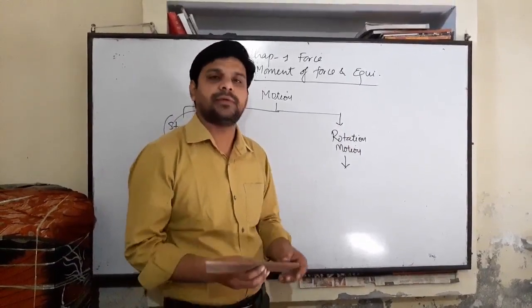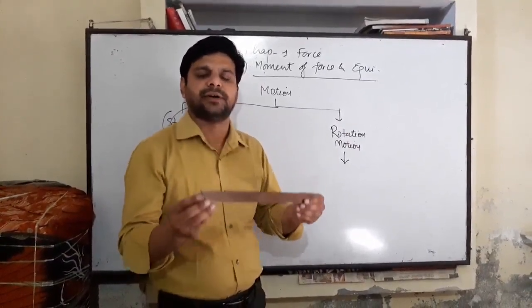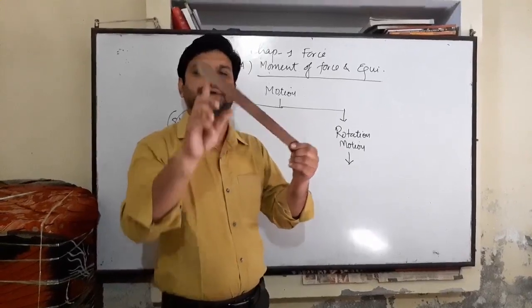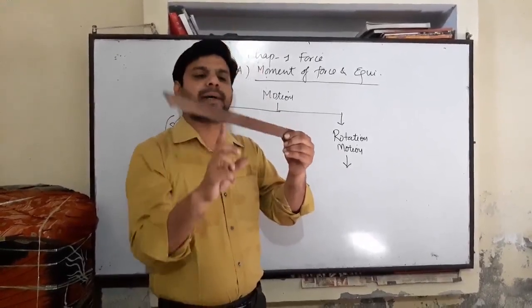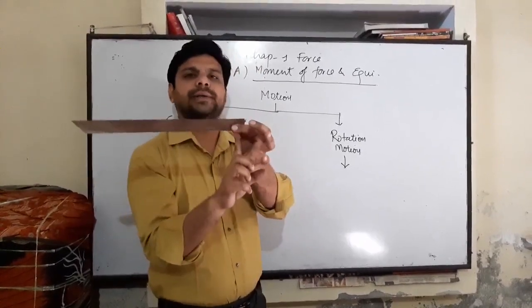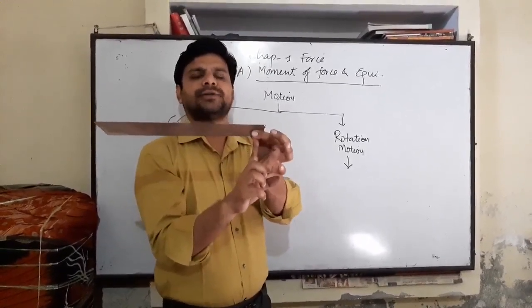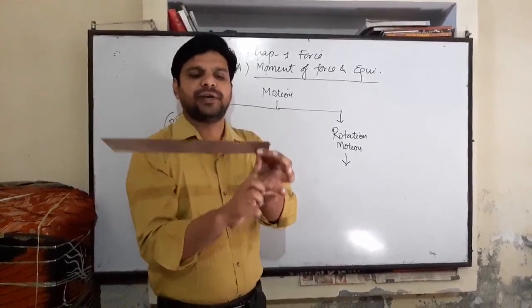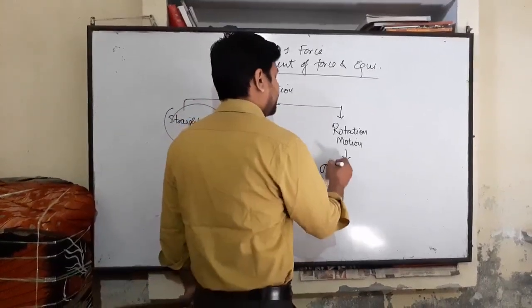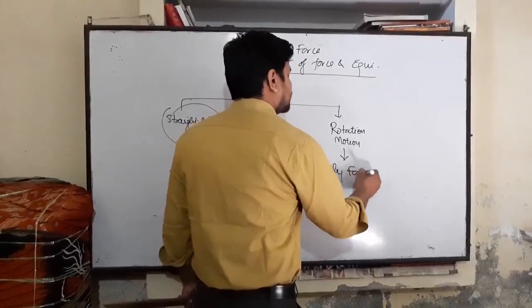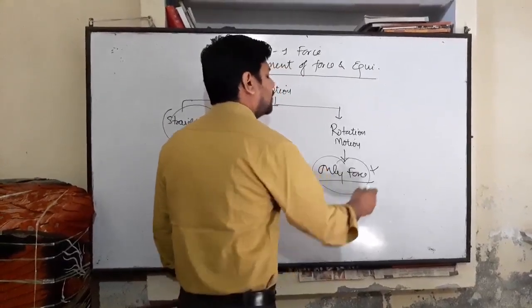You see, with this example, if we apply the force on this point, the body rotates. If we apply the force on this point, body rotates. But if we apply the force on this point, body does not rotate. So we can say only force is not the factor which provides rotation.